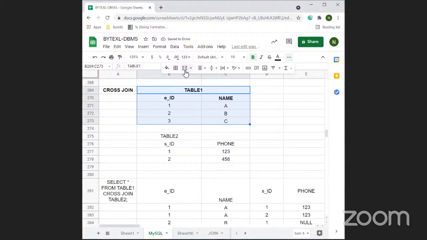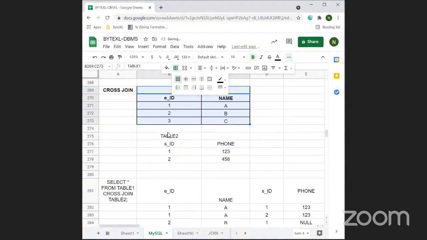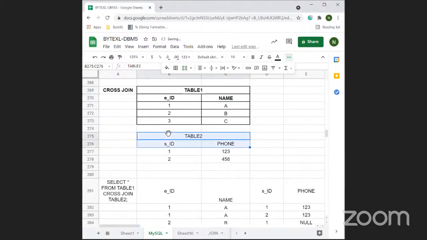Whatever details we have, it's not important. This is another table that we have. Two tables. We have seen all types of joins, but from coding point of view, there is one more thing available as well called cross join.